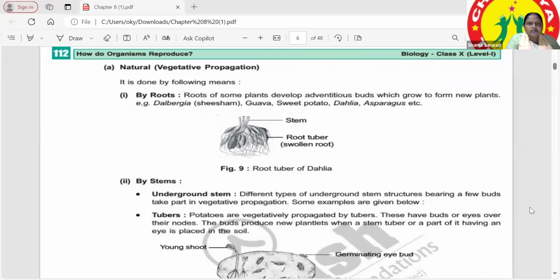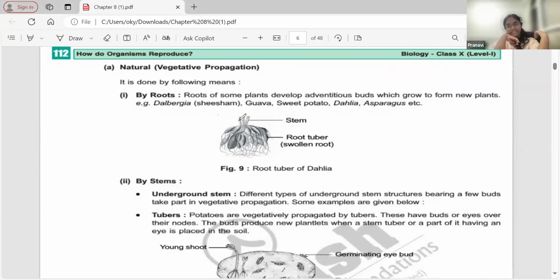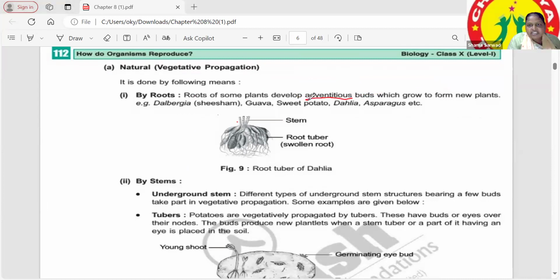Roots of some plants develop adventitious buds. What does adventitious mean? Buds means extra buds. Roots don't need them, but they have grown. So new plants grow from them.